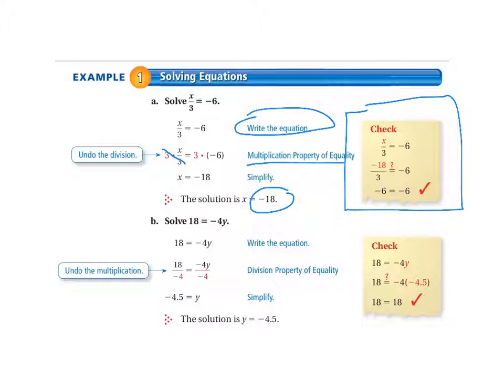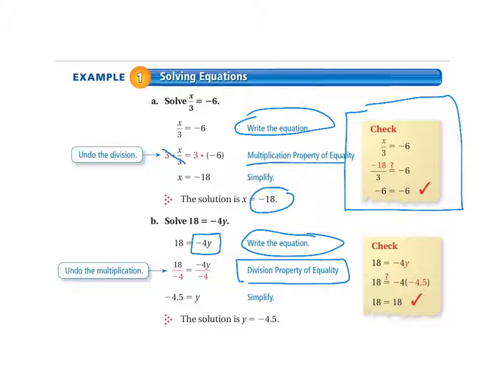Letter B, solve 18 equals negative 4y. Again, we write the equation first, and we're going to undo the multiplication by using the division property of equality. That means we're going to divide both sides by the negative 4 that's stuck to the y with multiplication.